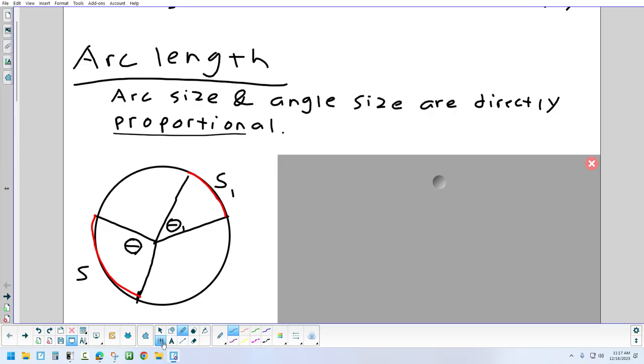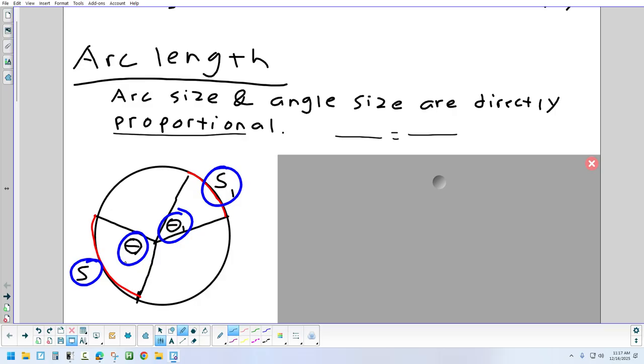So now I want to set up a proportion, and I want to use these four things. So remember, the idea here is that, let's just make up a number. Let's say that this angle was 100 degrees.